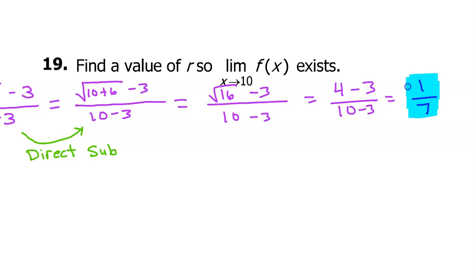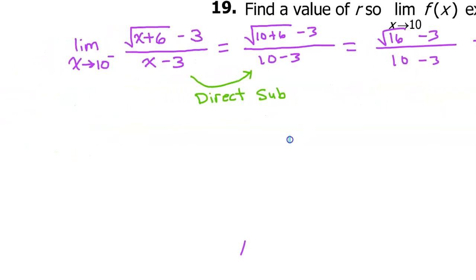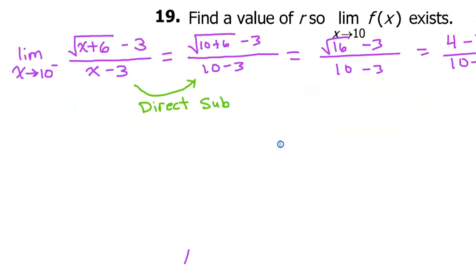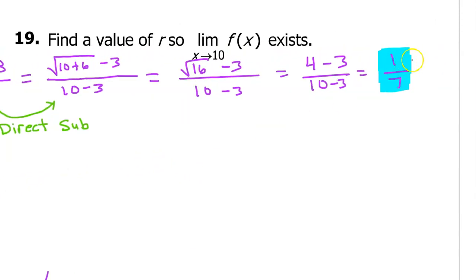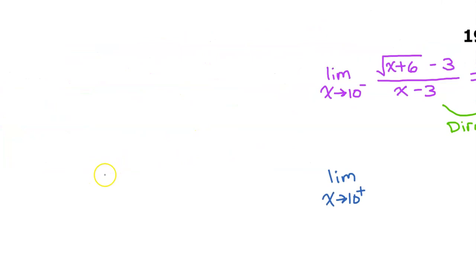Keep that in mind. We need to find a value of r so that the limit as x approaches 10 from the right will be the same thing. So I now need to find the limit as x approaches 10 from the right, and the answer has to be 1 over 7. So let's set it up.